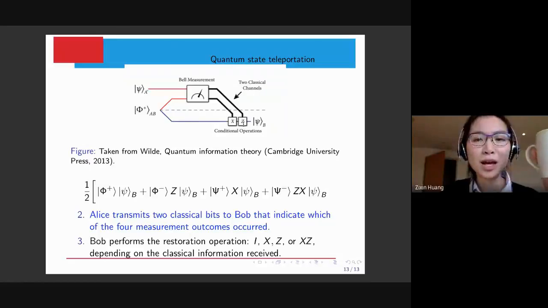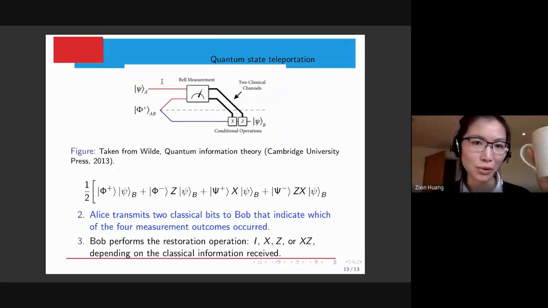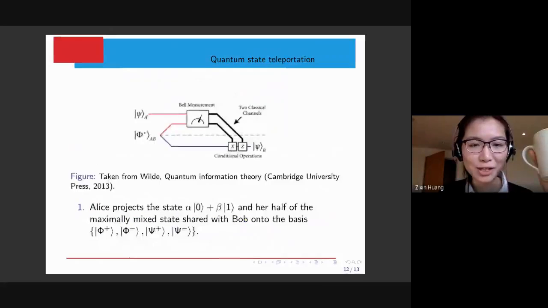So what do I mean when I say that I could probably teleport you into the gold vault, but I have to kill you first? Obviously, in the first step, Alice has to project onto a pure state. So this is effectively making a measurement, and she's then sending classical information to the other side.